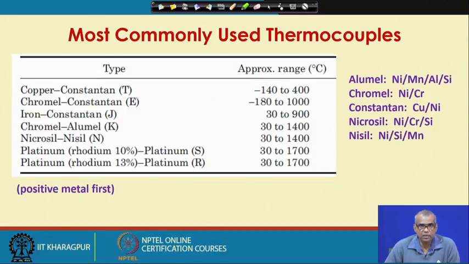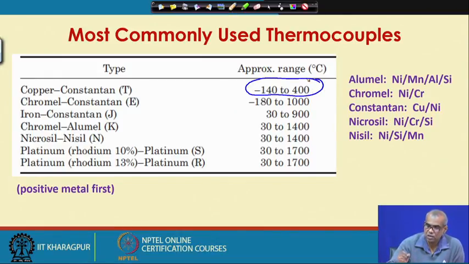We will always indicate the positive metal first. So, in copper constantan thermocouple, we have copper as positive metal, constantan as negative metal. Copper constantan thermocouple can be used in the range of minus 140 degree Celsius to 400 degree Celsius.